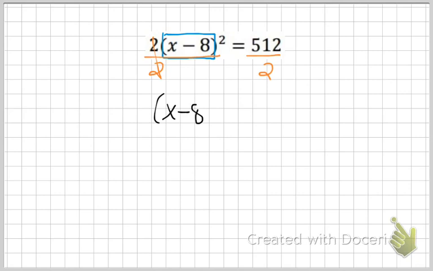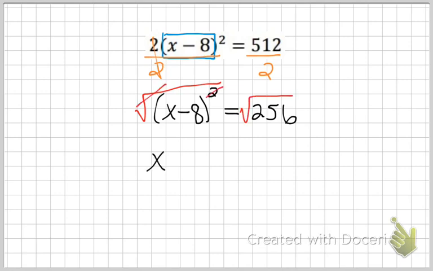We get rid of that 2, but we still have the power of 2. 512 divided by 2 is 256. Next, we get rid of this power of 2 by taking the square root. Finally, x minus 8 is free, no more parentheses. And we get that the square root of 256 is 16, but we don't know if it's positive or negative.